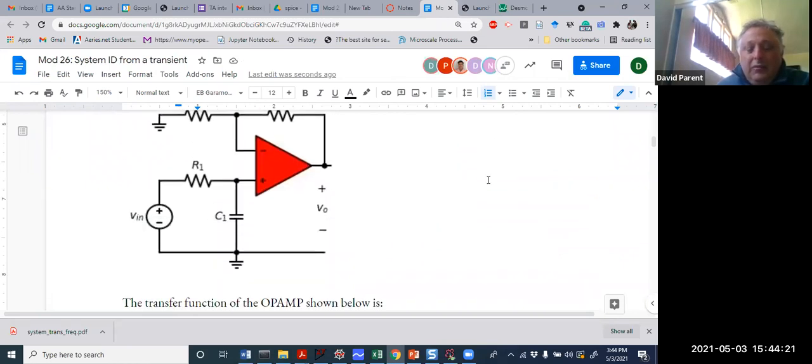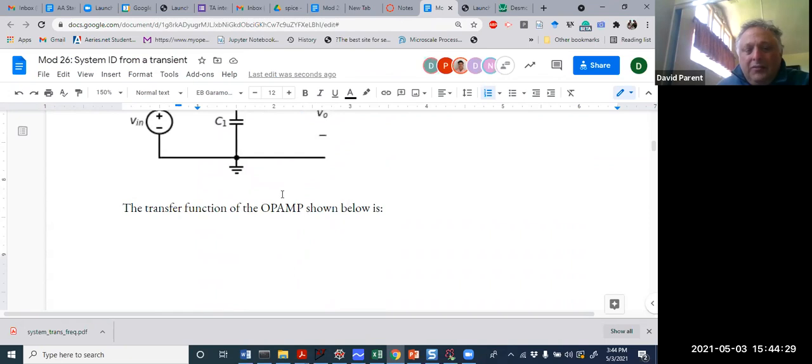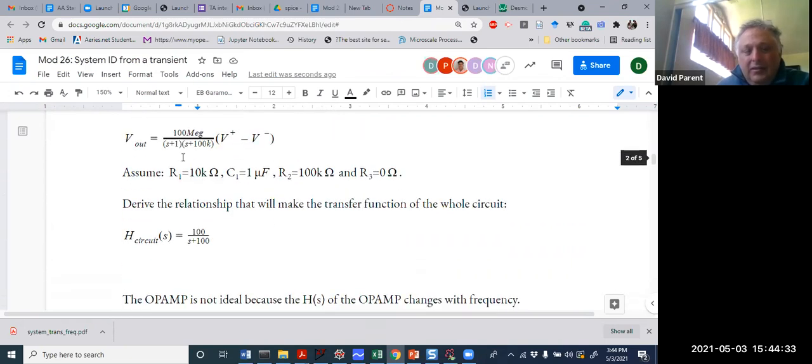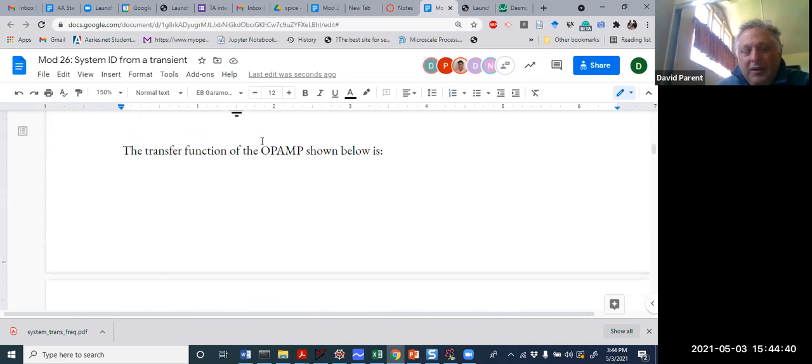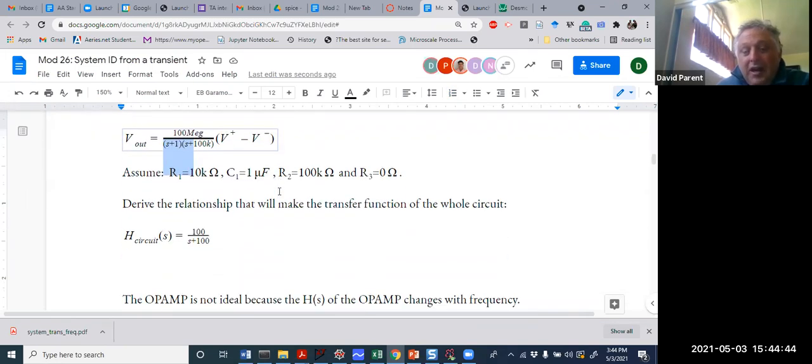Anyway, so we have this problem, okay? And the transfer function of the op amp, right, is this V out equals, and it's a second order function, right? V plus minus V minus, right? So that's the transfer function of the op amp.